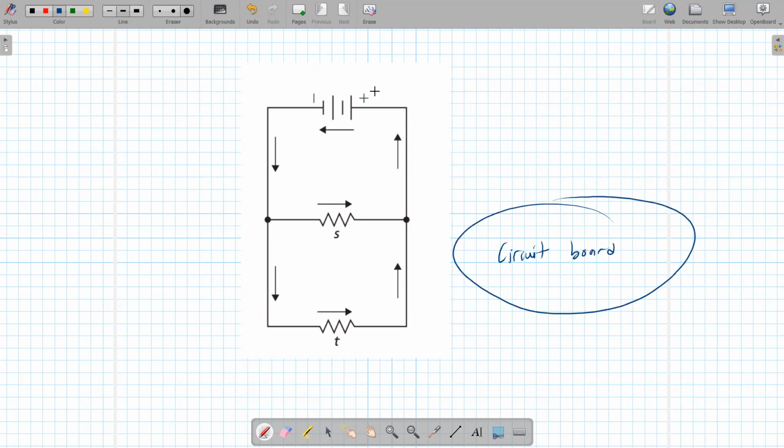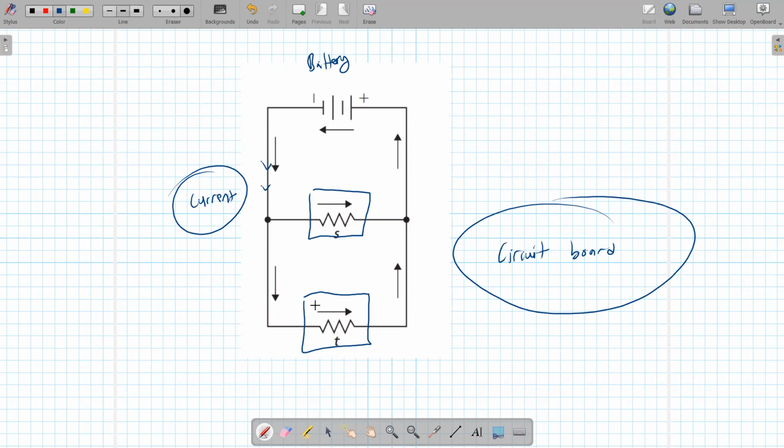You see this plus minus? This is your battery. And then you see these arrows, that's the direction of the current that's flowing in the board. Like on your phone or something, this is what's happening right now. You see these squiggly mountain type lines? These are resistors.